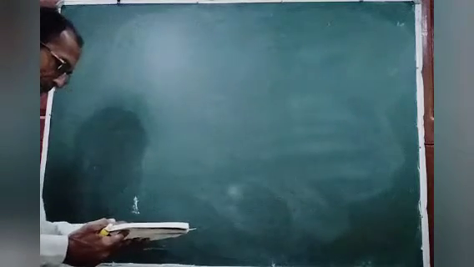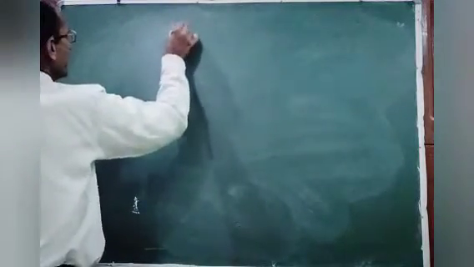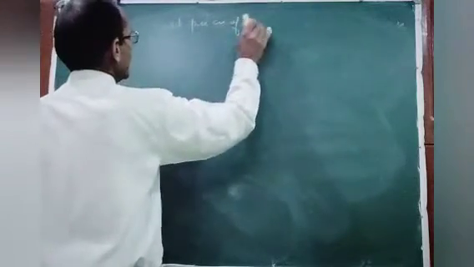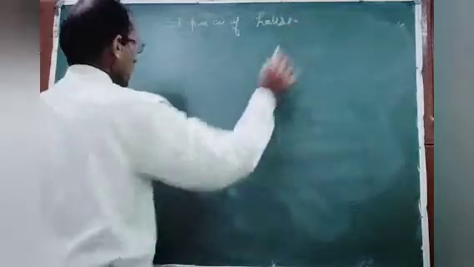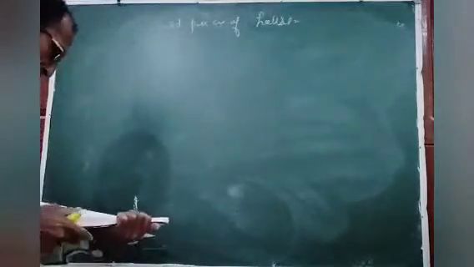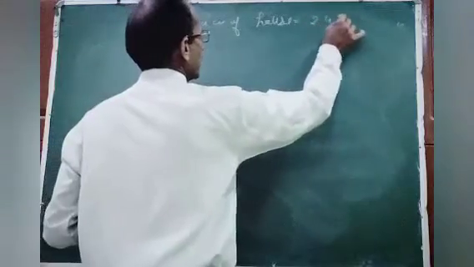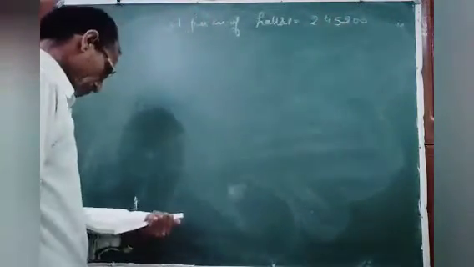Find his loss and loss percent. So cost price of house. Cost price of house is rupees 45,200.